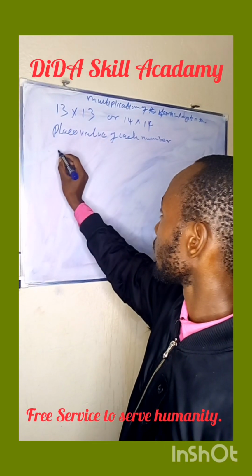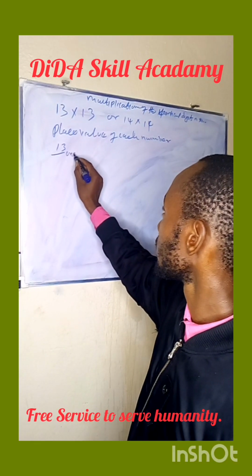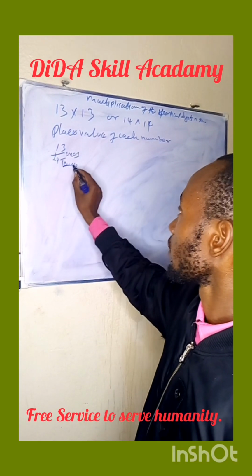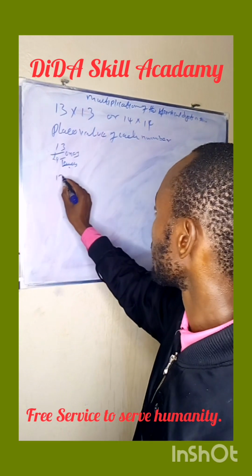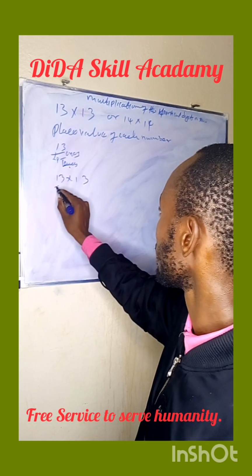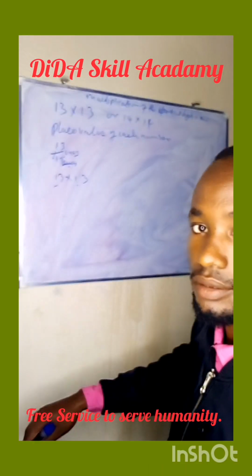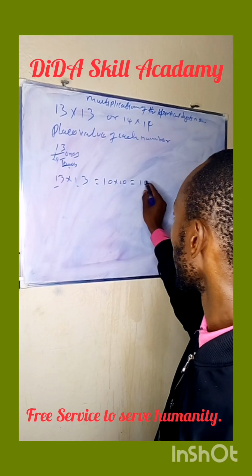For example, on 13 here we have ones, and here we have the tens. Ones and tens, that is enough. Therefore, 13 times 13, this simply means we have a 10 inside the two numbers. Therefore, it will be 10 times 10, it is 100.